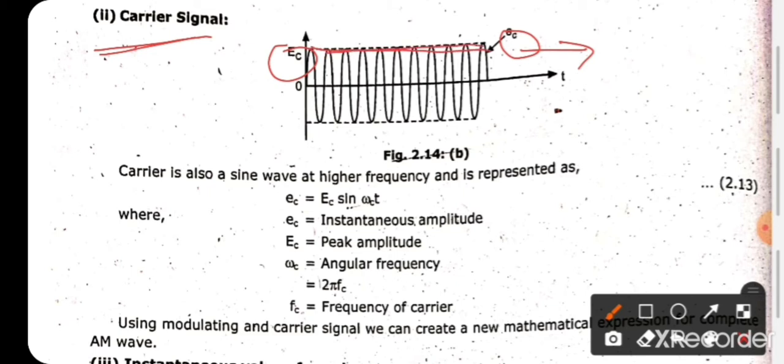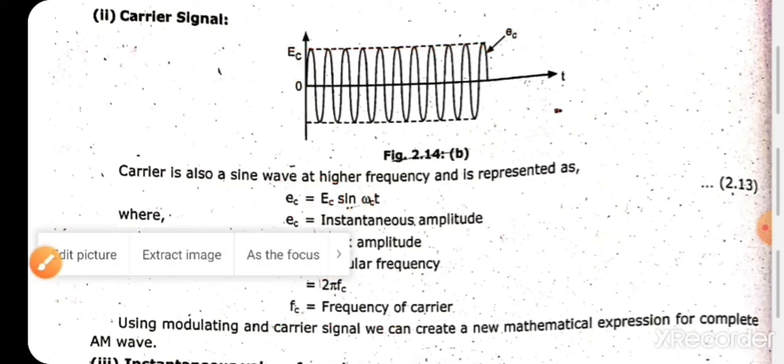So the instantaneous value of the carrier signal is written as ec equals capital Ec sine omega ct, where Ec is the peak amplitude, and omega c is the angular frequency 2 pi fc, where fc is the frequency of the carrier.